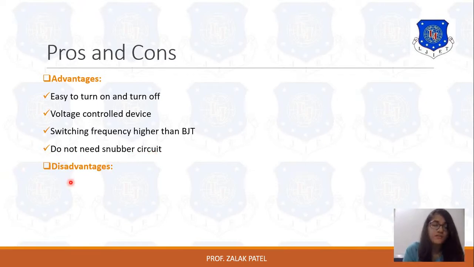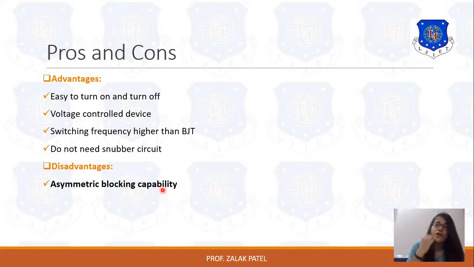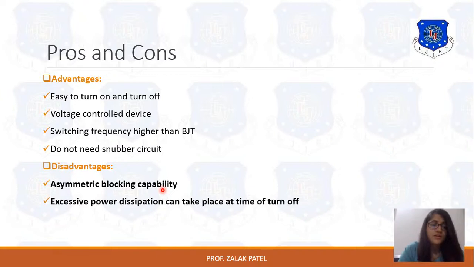It also has some limitations because of asymmetric blocking capability. We already discussed in the punch through and non-punch through IGBT that, according to forward bias and reverse bias conditions, it has blocking capability, meaning the blocking capability keeps changing depending on its bias. Next, excessive power dissipation can take place at the time of turn off.